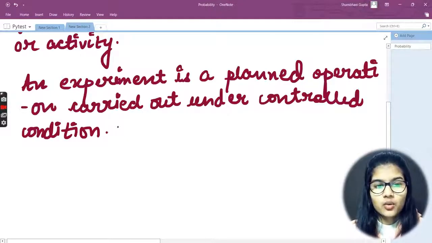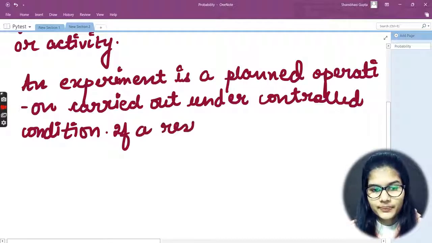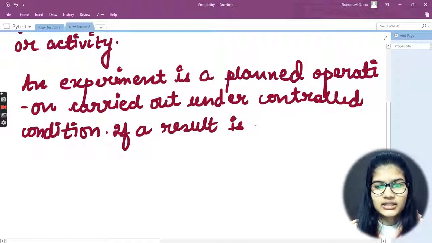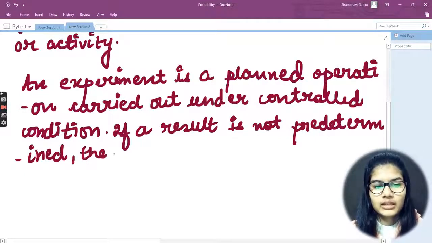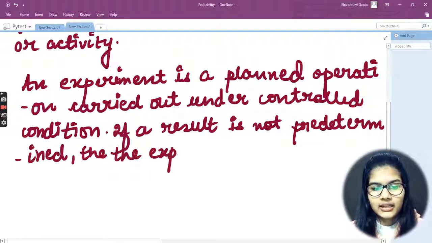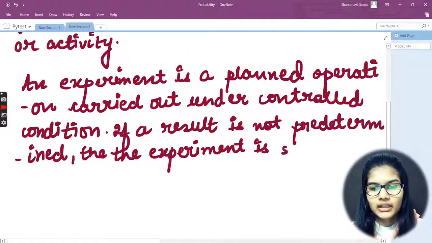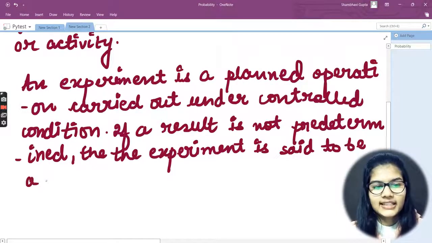So if our result is not predetermined, then the experiment is said to be a chance experiment.